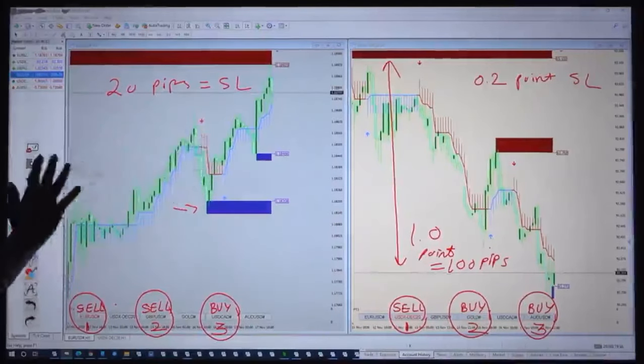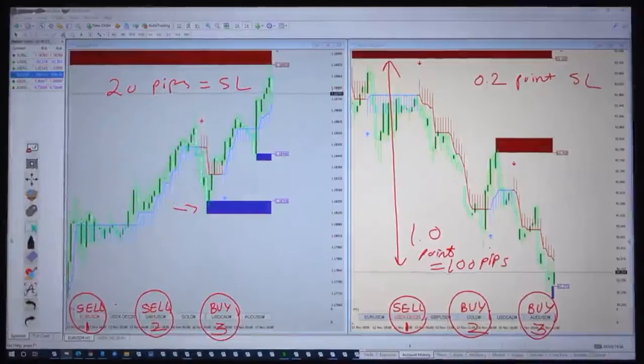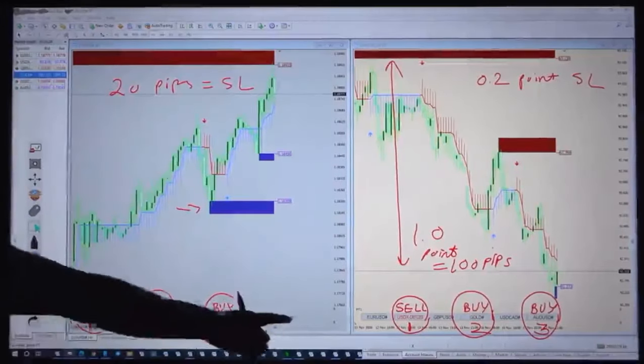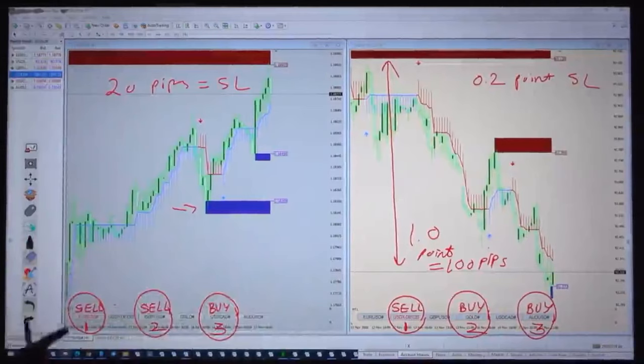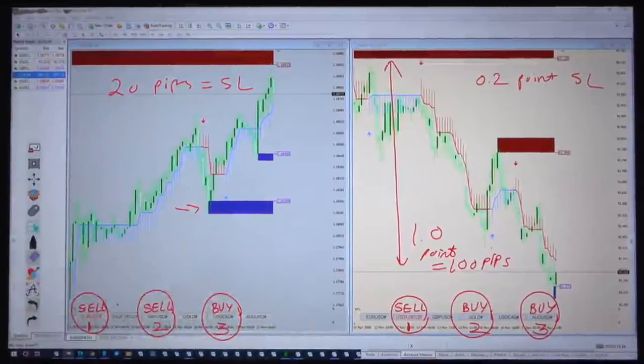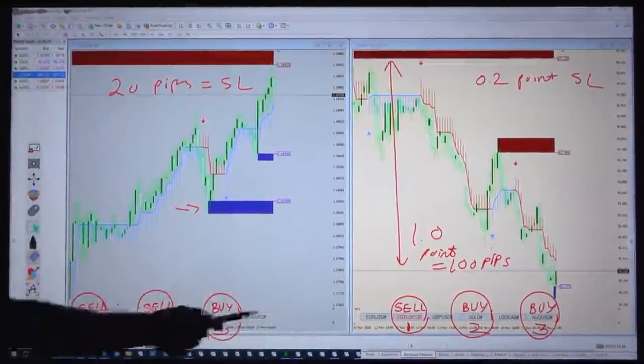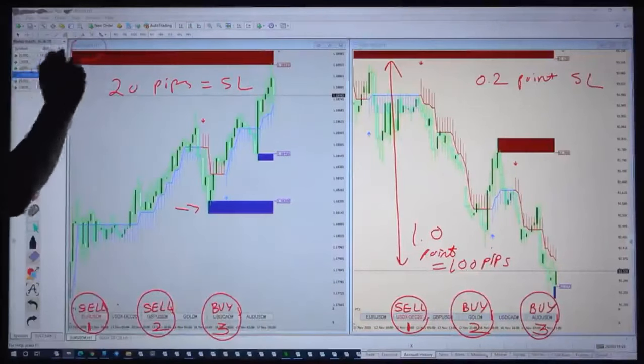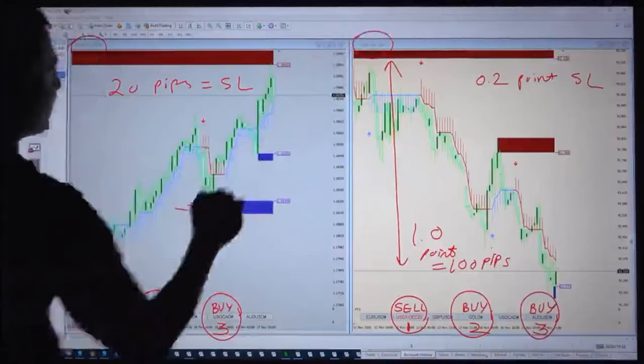So now we will understand how this strategy actually works. As you already know, we always sell Euro USD against sell USDX, which we have already indicated here. Sell Euro USD and sell USDX, which is our first hedging pair. Now as you can see, this is the Euro USD chart and this is the USDX chart.